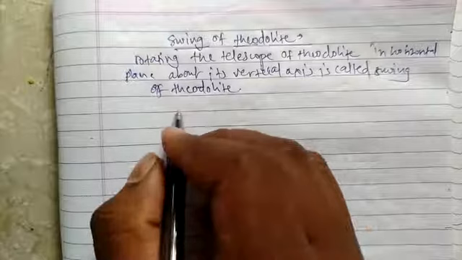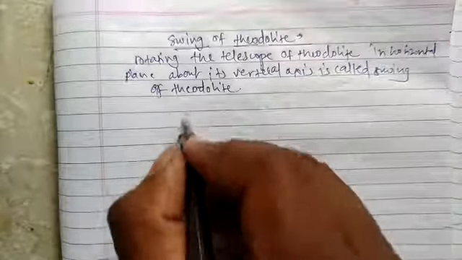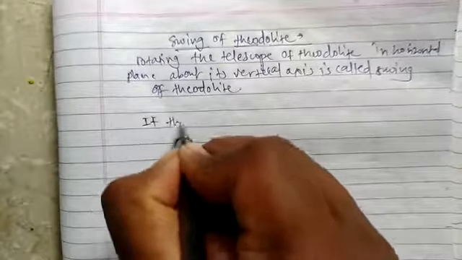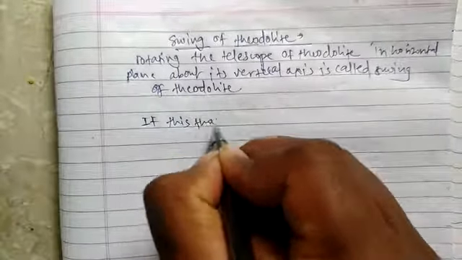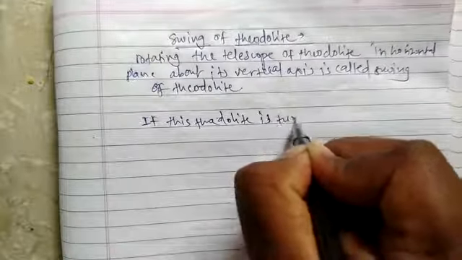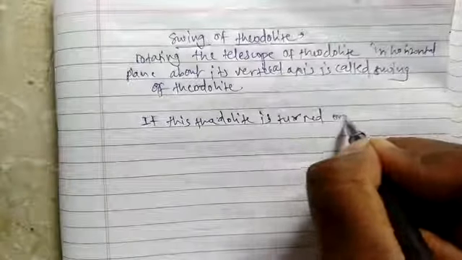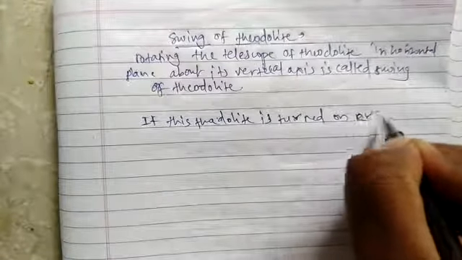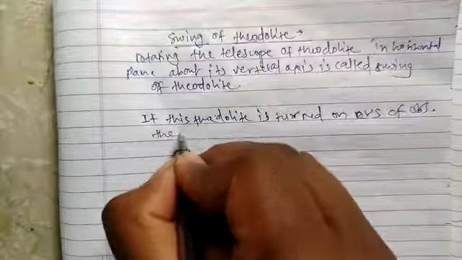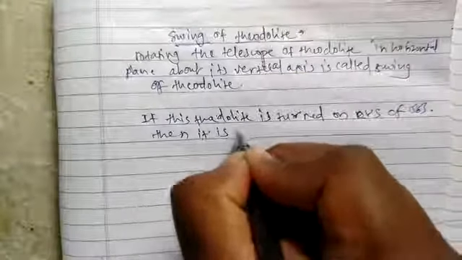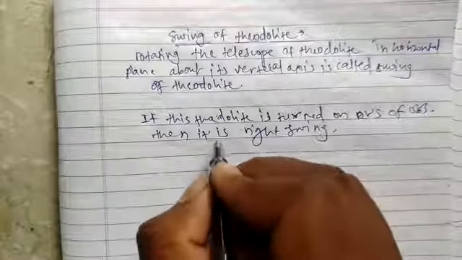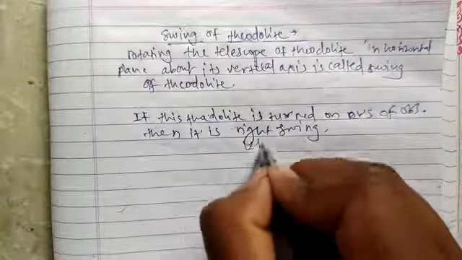Okay, if this theodolite is turned on the right hand side of the observer, then it is called right swing, and if it's turned on the left, it will be called left swing.